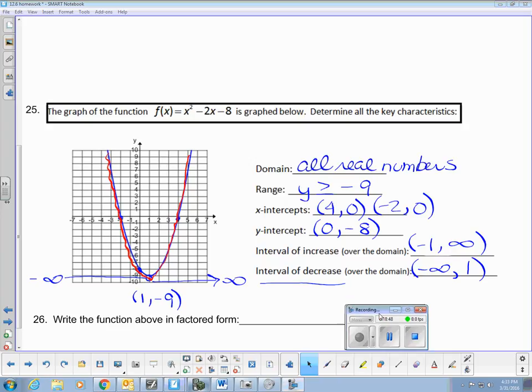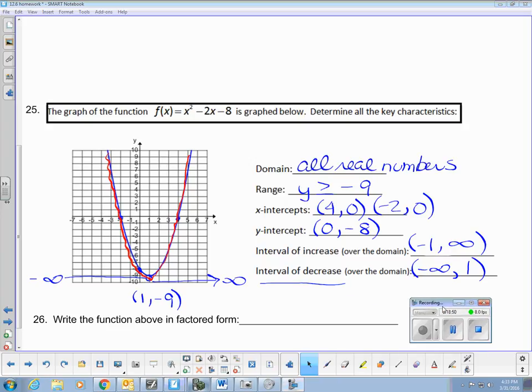And then it's looking for the function in factored form, so I'm going to take a look here at my x-intercepts to help me with that. My function is f of x, and my first x-intercept is 4, 0, so x minus 4. My second x-intercept is negative 2, so x plus 2.